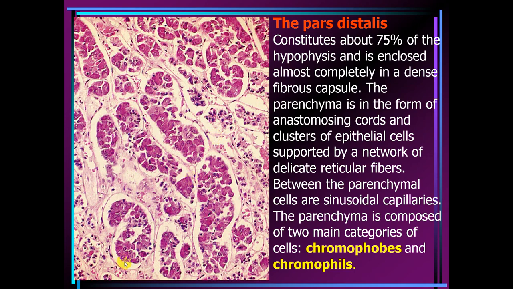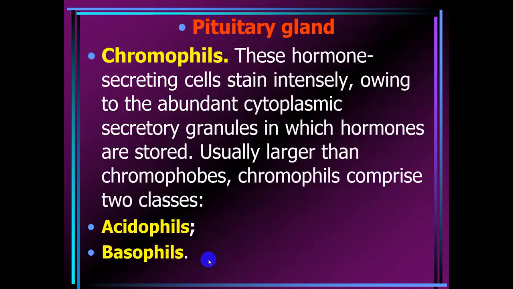On the cross section, these sheets of epithelial cells look like lobules of an exocrine gland. You can see them like sections of portions of the endocrine gland. Around them is loose connective tissue.